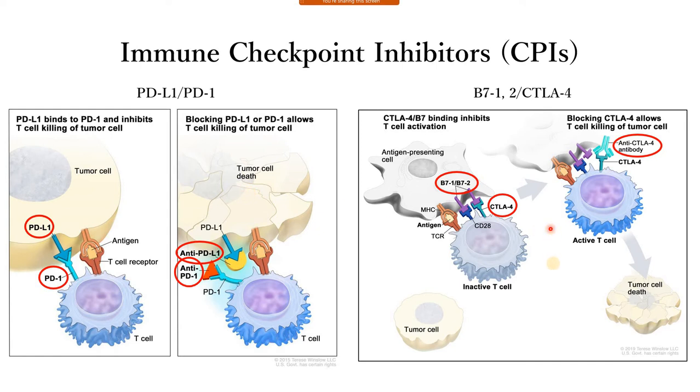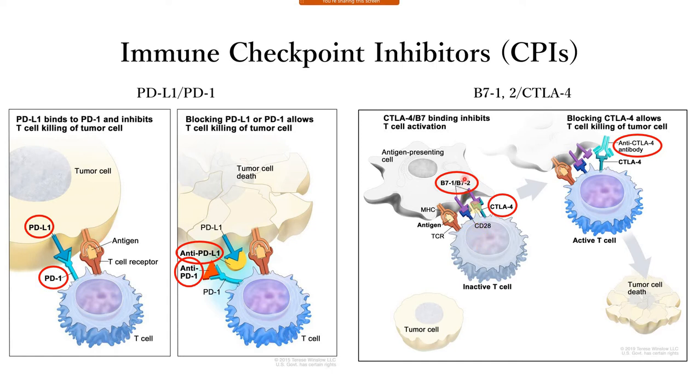The right panel shows a different one. This is the interaction between antigen presenting cells and inactive T cells to educate the inactive T cell to eventually kill the tumor cell. Here, the antigen presenting cell is trying to present tumor antigen with MHC molecule, which is recognized by the TCR, T cell receptor, on the inactive T cell.